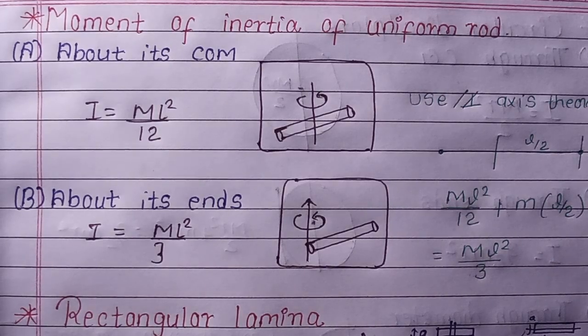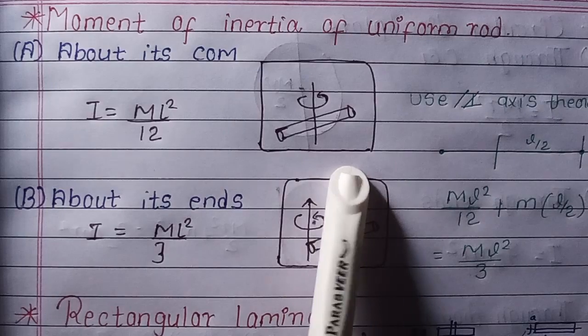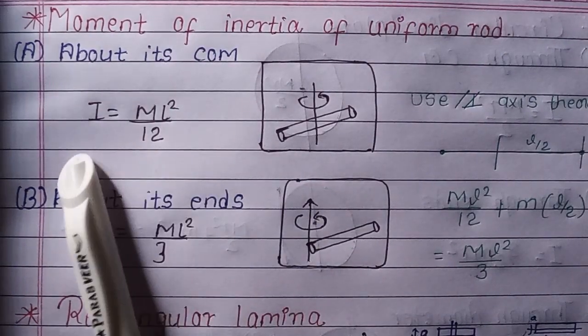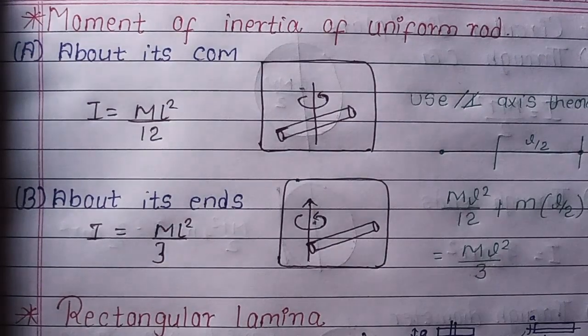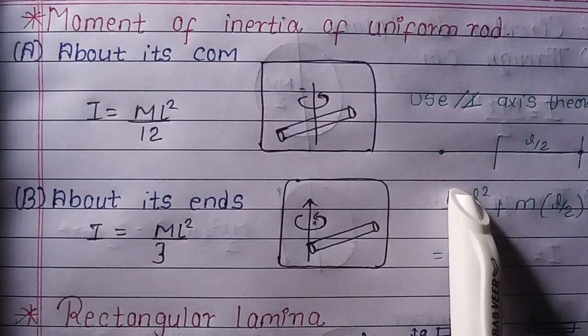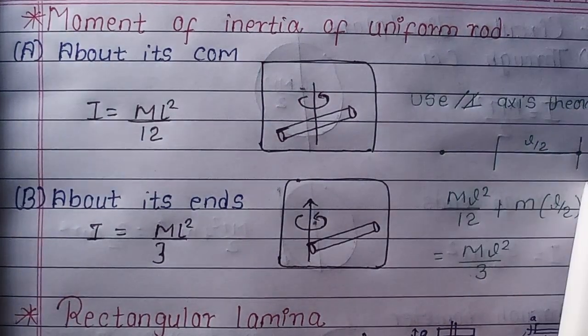Here is the moment of inertia of a uniform rod. We learned it in the formula tips, but to make it easy to remember: about the center of mass, we must remember m l square by 12 for the uniform rod. But for the ends, we use the parallel axis theorem, since the two lines are parallel.